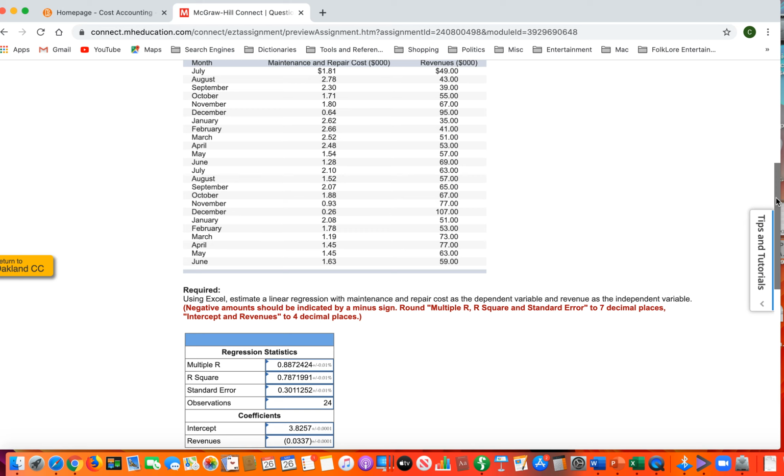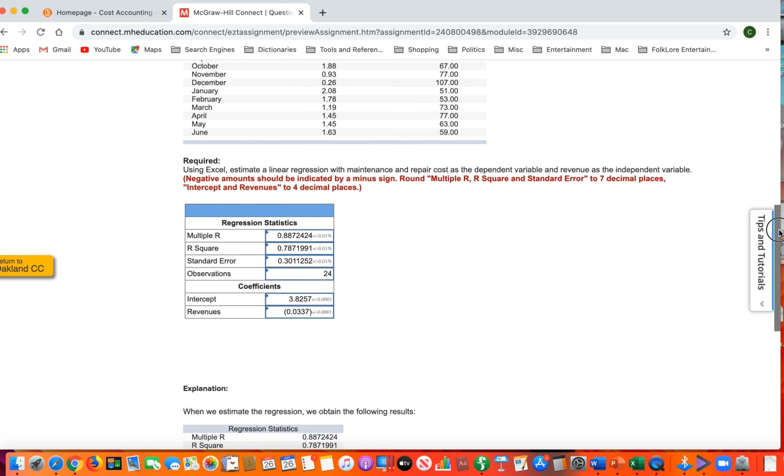So that's the gist of it, folks. It won't always be accurate, but apparently it's close enough. R squared is 0.79 pretty much. Okay, that's it for today.